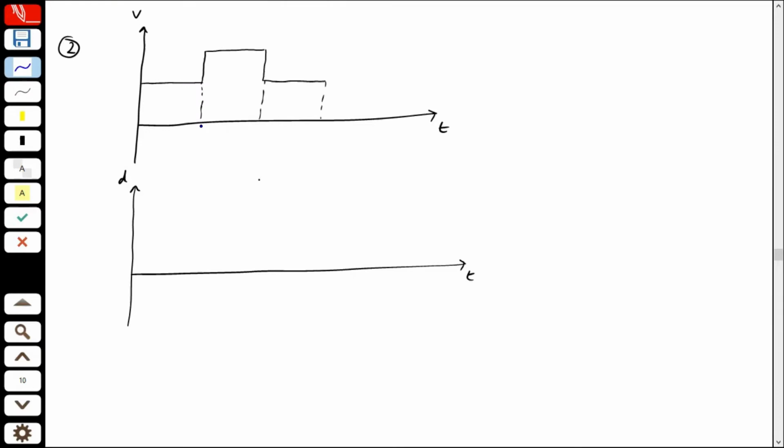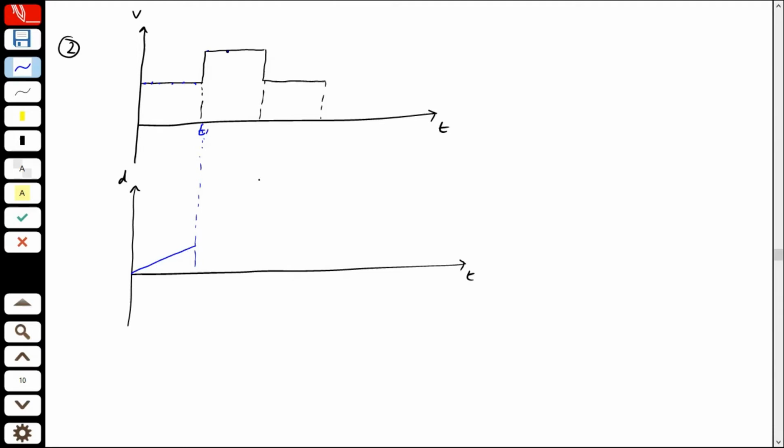Up to this point, let's say t1, the velocity of the object is constant. So the gradient of the displacement time graph should be constant and positive. The displacement time graph should be a straight line with positive gradient up to this time t1.